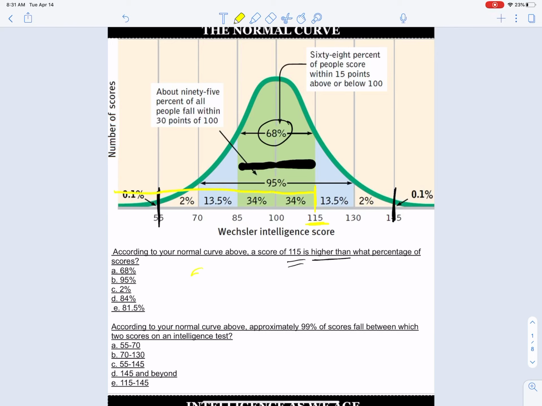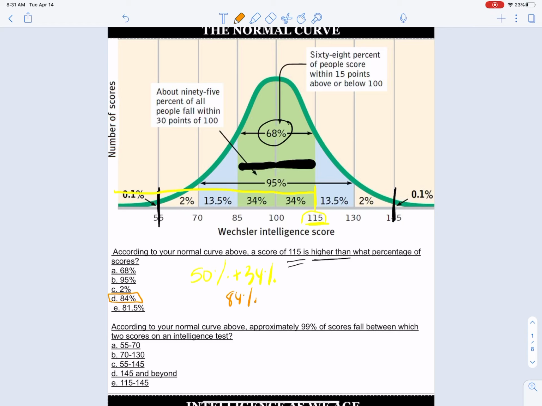So we have the 50% that is to the left of the mean, median, and mode, and then the additional 34% that bring us up to the score of 115. So altogether, we have a total of 84% of the population that lies below the 115 score on the IQ, the Wechsler Intelligence Test.